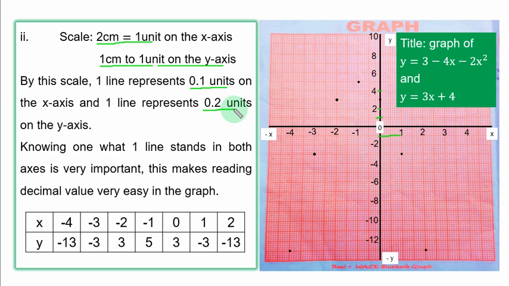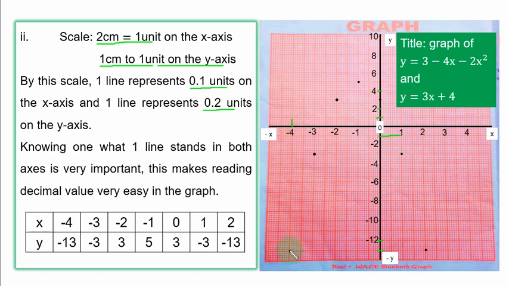Okay? Let's look at the table of values for the quadratic equation. The first point, when x is minus 4, y is minus 13. After minus 12, you have minus 13, and this is minus 4.